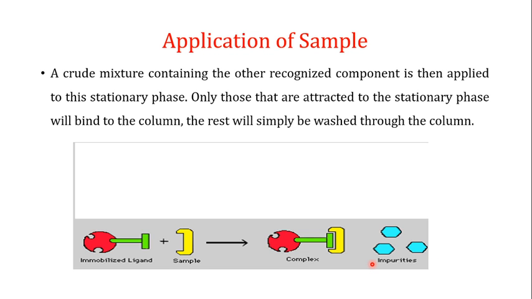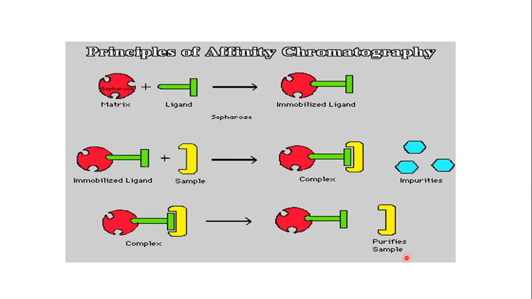So when you apply the sample, the component that is specific for this ligand stays in the stationary phase in complex with this ligand, and all of the other material is simply washed through the column with the help of the mobile phase.